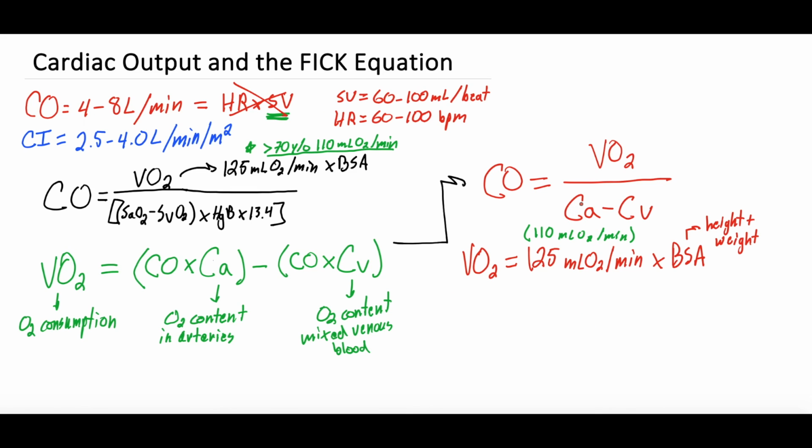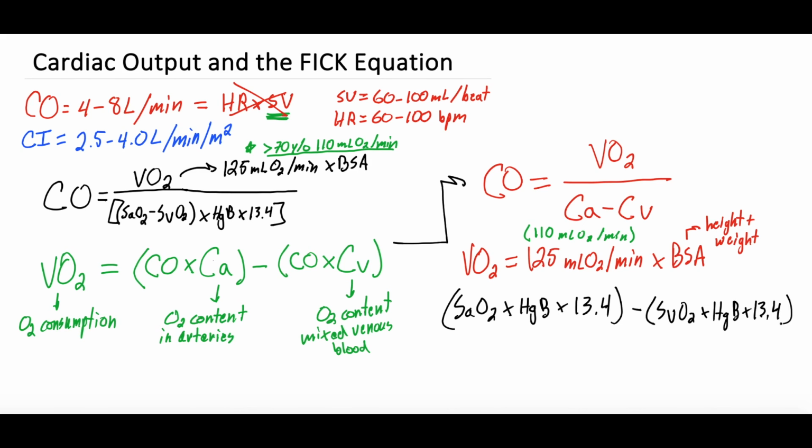So the amount of oxygen in the arteries and the veins, we could look at this equation and actually write it out like this. SaO2 times hemoglobin, right, times 13.4 minus SvO2 times hemoglobin times 13.4, right? And that would be equivalent to that equation.